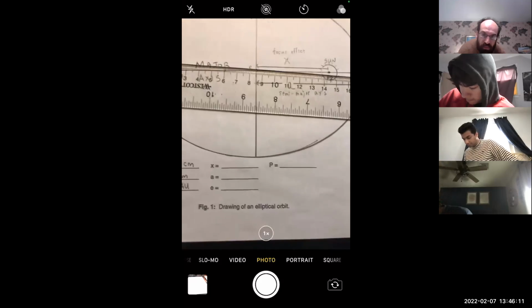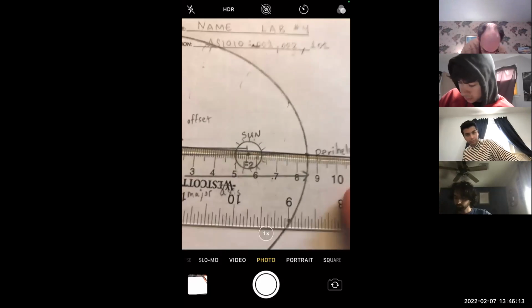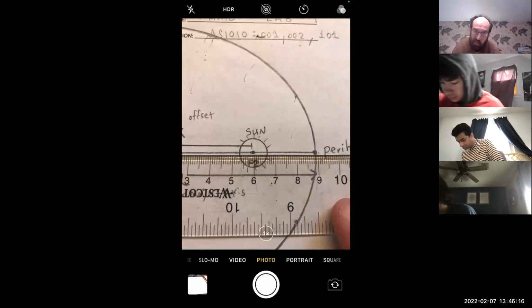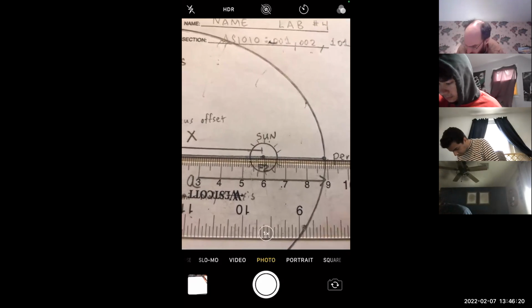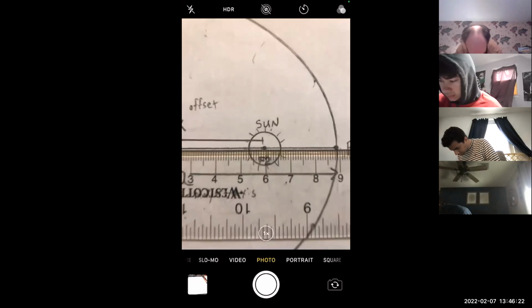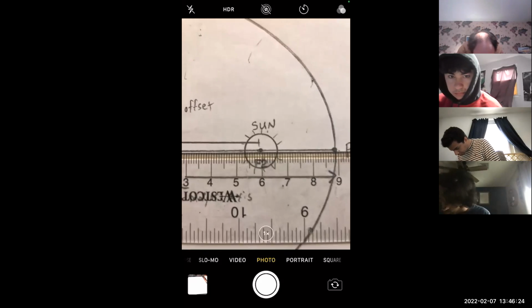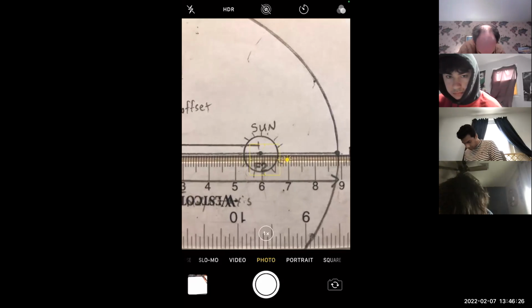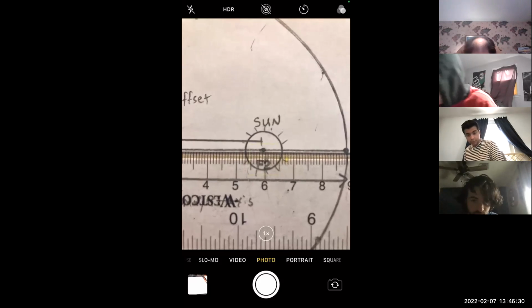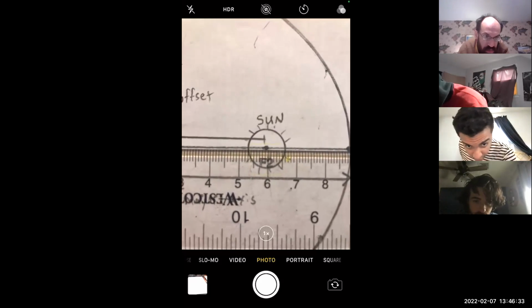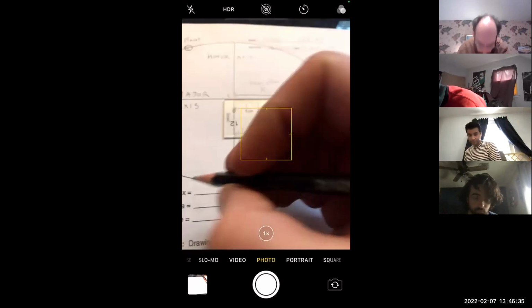Now we have to measure X. X goes from center to the focus point. What do you think? 5.9 centimeters.